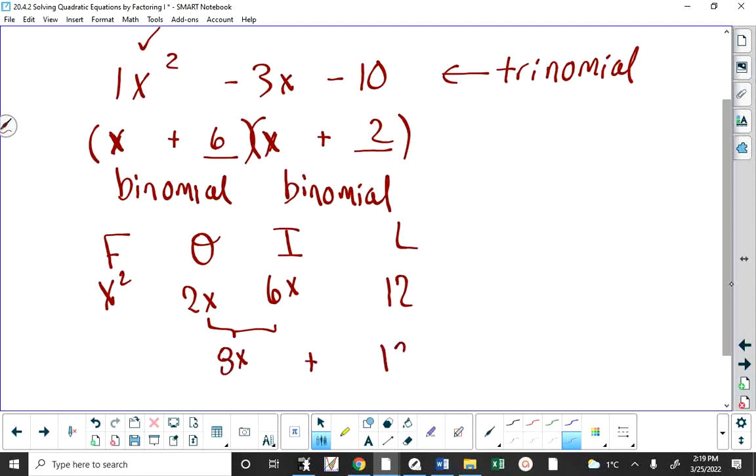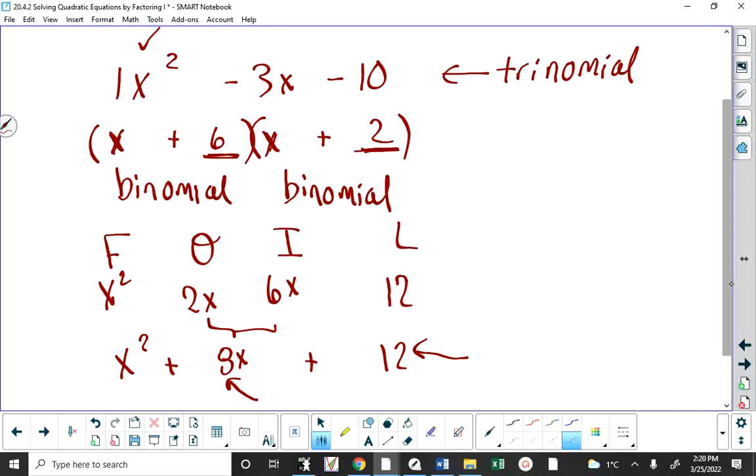And we would end up with the following. I just want to point out to you that these two numbers I put here multiply to give the 12, don't they? But they also add to give the 8. Because your middle term is the sum of your outer and inner products.